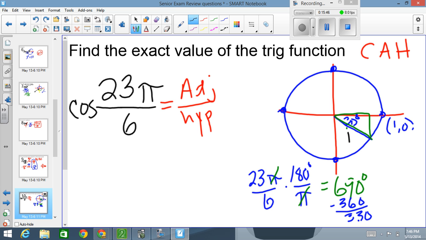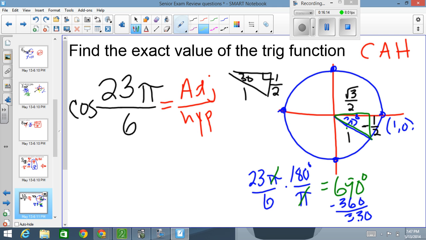And if you think about those right triangles that we've been doing over and over and over again, if this is 30, this is 1, I know the shortest side, the side across from the 30, is always the 1/2. So this is 1/2. And I know the middle length side is always radical 3 over 2. Also got to keep in mind that because this is going down, that this is negative.